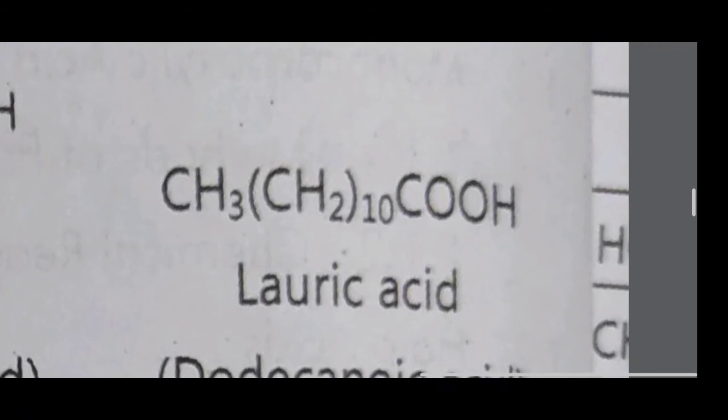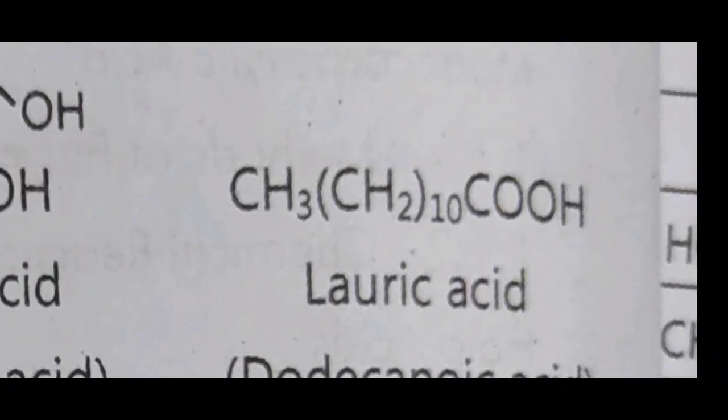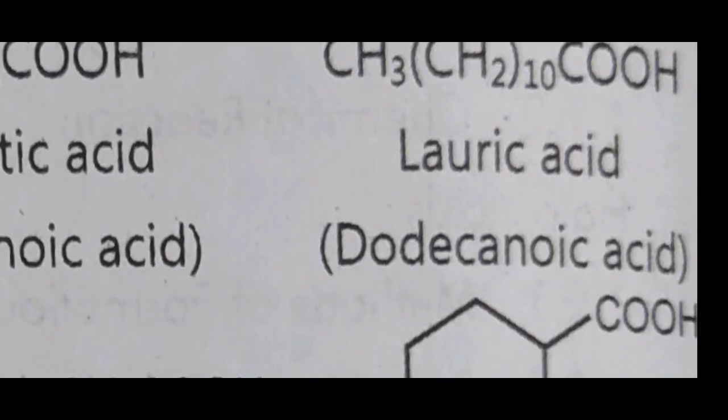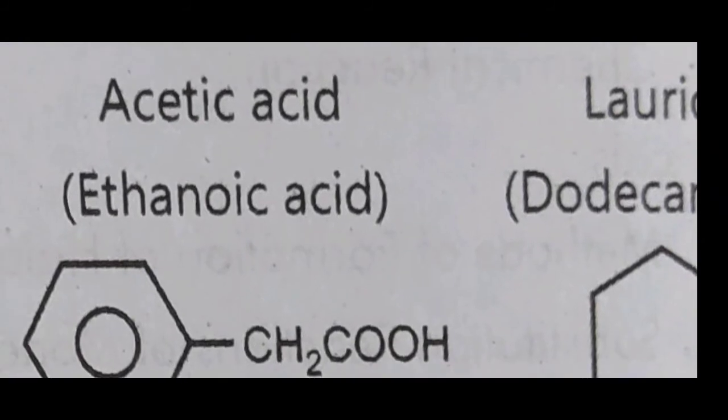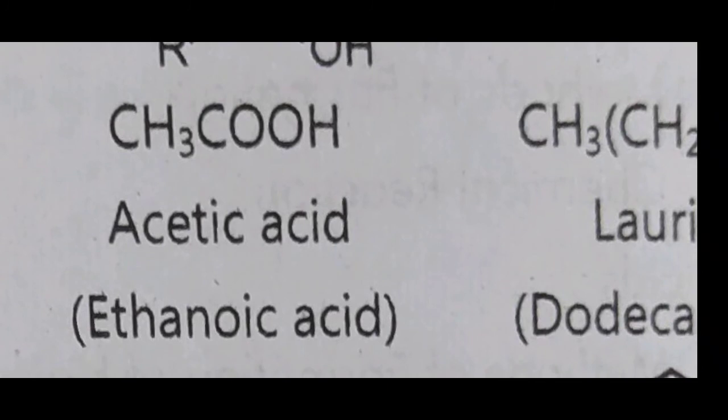Then a second example, CH3 (CH2)10 COOH. The name of this compound is lauric acid. The IUPAC name of acetic acid is ethanoic acid, because acetic acid contains two carbon atoms, so the parent hydrocarbon is ethane. In ethane, the E is replaced by OIC acid.